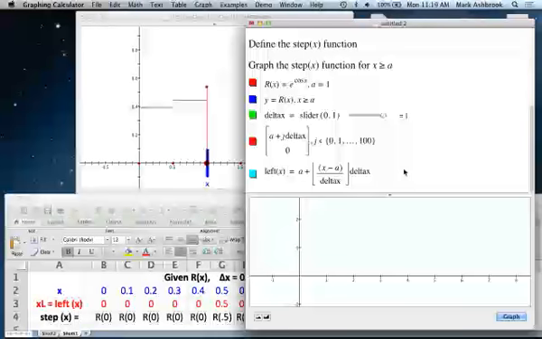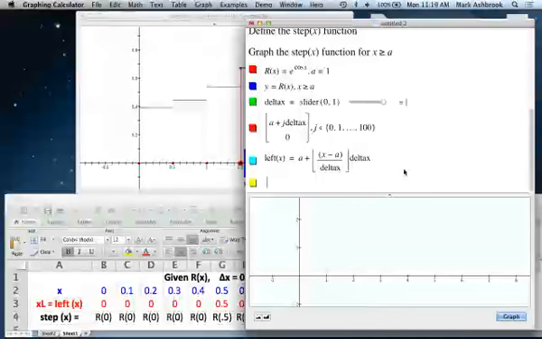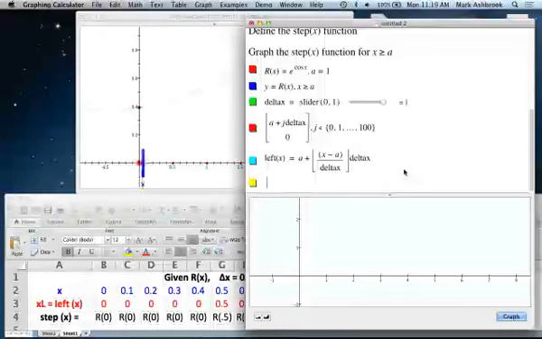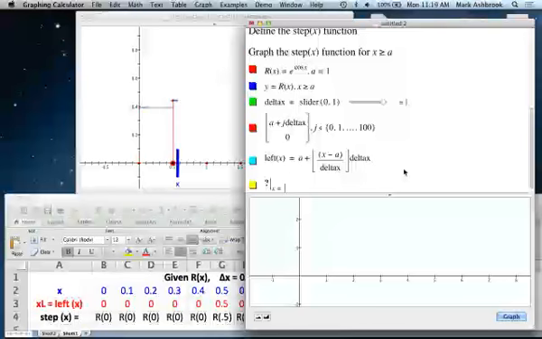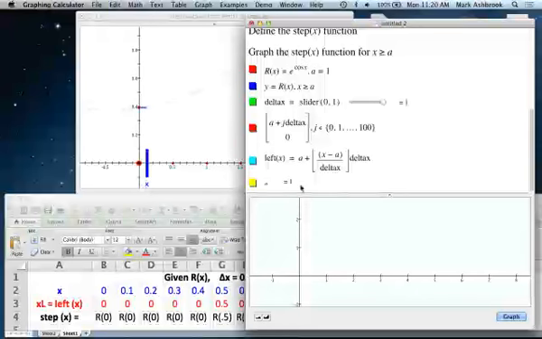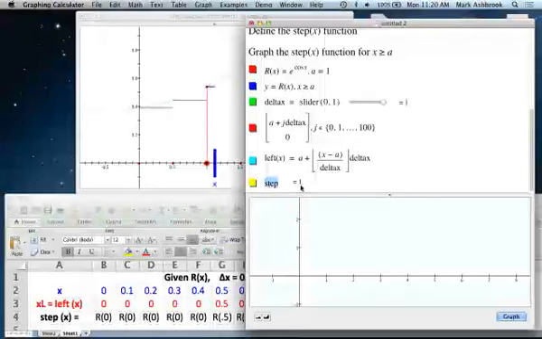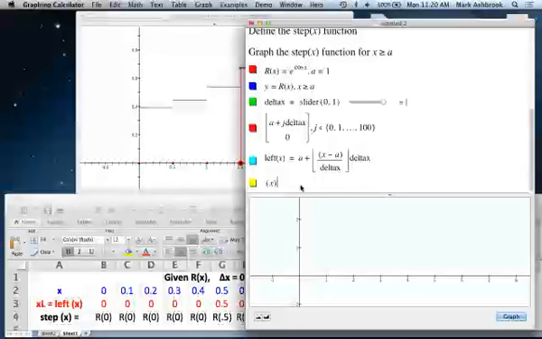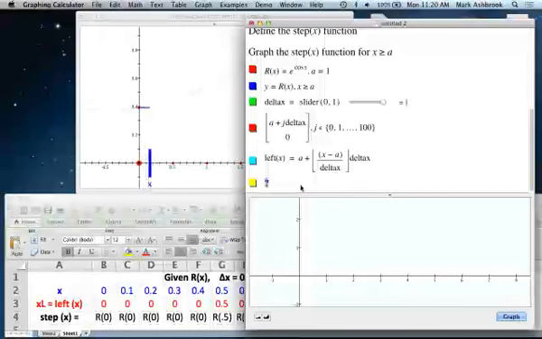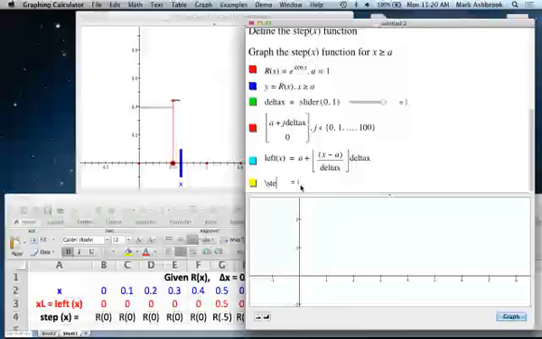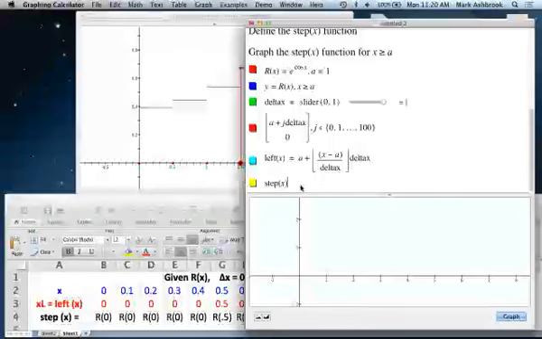Okay, now we're ready for the step function. So we define the step function. Again, you need a string. Okay, step, control 9, x.